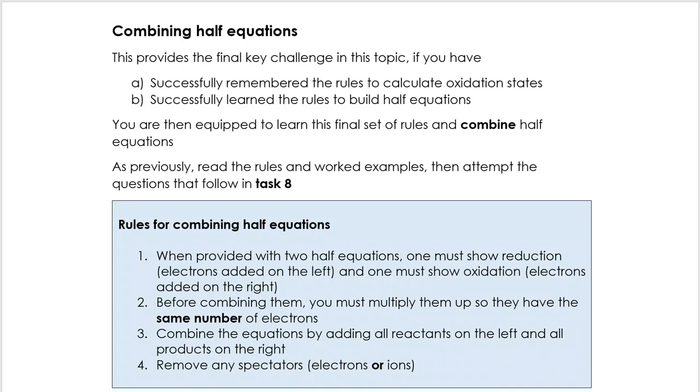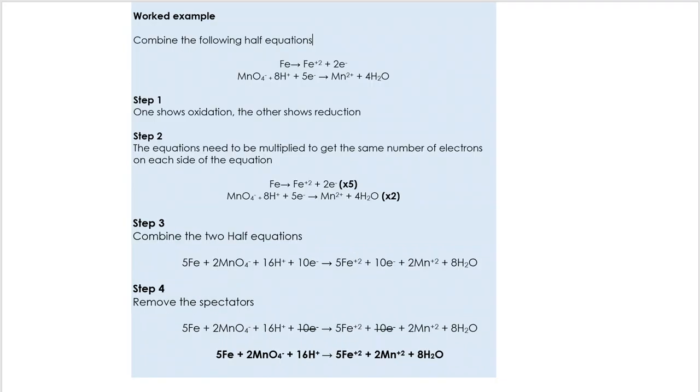That's because a full equation will never include electrons. So once you've done that, you simply combine everything from the left of both equations on the left, everything from the right of both equations on the right, get rid of any spectators that might exist, and you're left with the full equation. So we've got a worked example here.